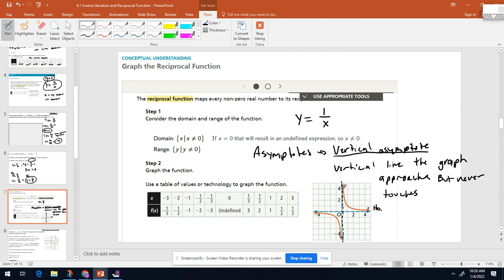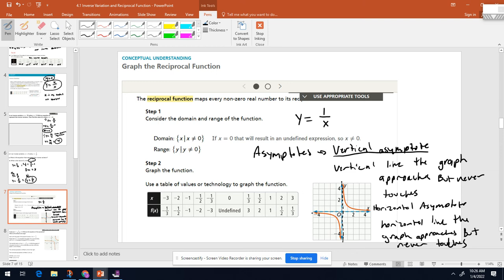And then we have a horizontal asymptote, which, you guessed it, is a horizontal line. The graph approaches it but never touches it.